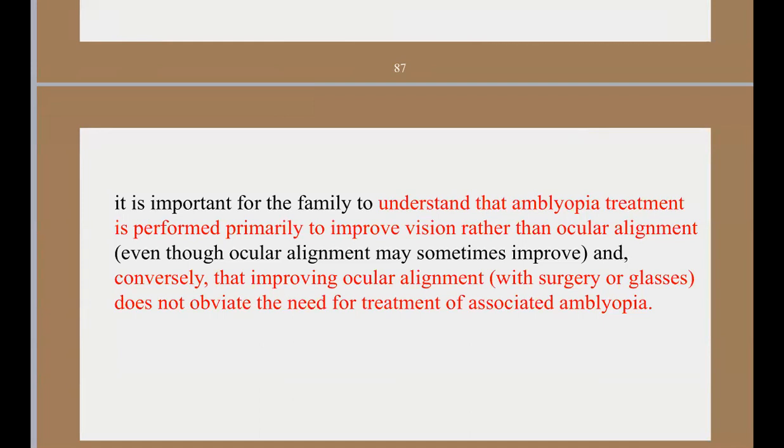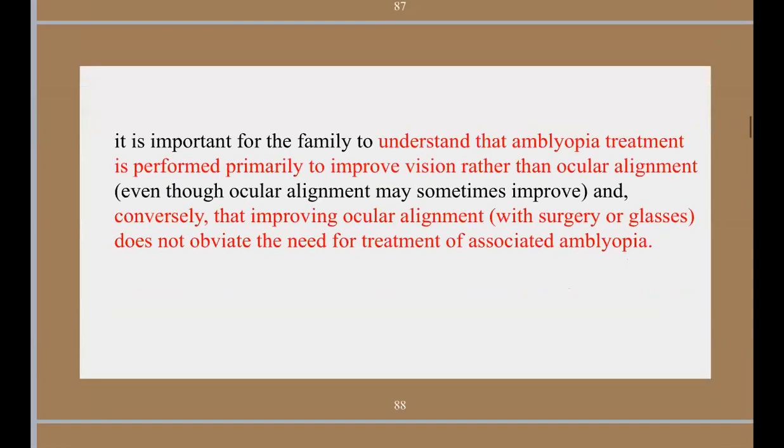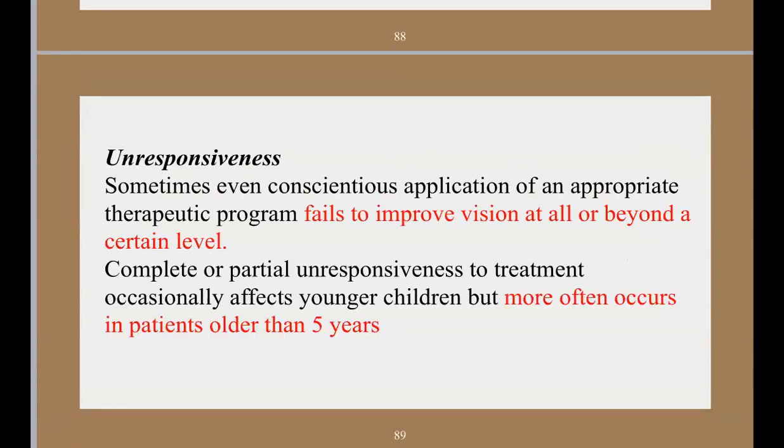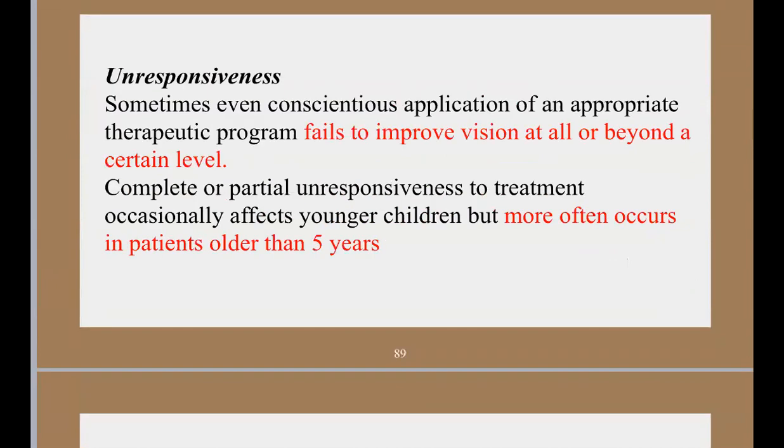The main purpose of treatment is to improve vision rather than ocular alignment. Also, if you improve the ocular alignment with surgery or with glasses, you will still need to treat this amblyopia. So treatment of amblyopia is extremely mandatory for all cases of strabismus and all cases of amblyopia.